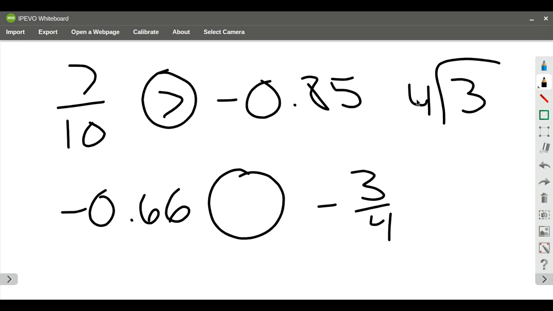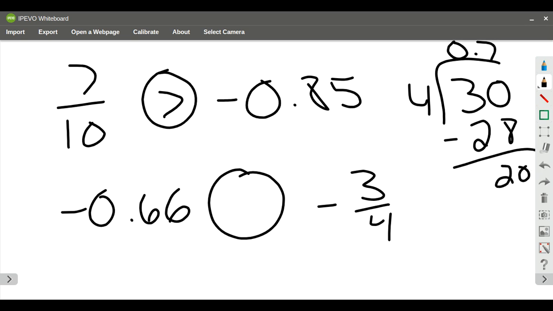And then I'm going to divide. So 4 goes into 3, 0 times. And then we add that 0. 4 goes into 30, 7 times. That becomes 28. Subtract. I have 2 left over. Add my next 0. 4 goes into 20, 5 times. That's 20. So 3/4 is equal to 75/100.